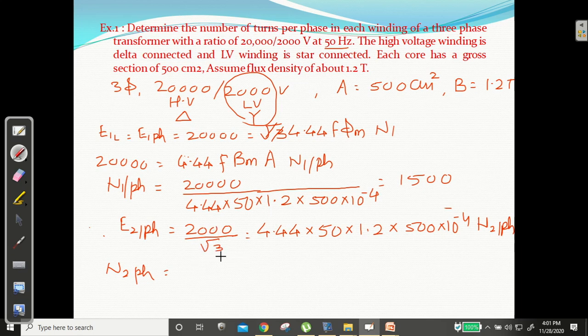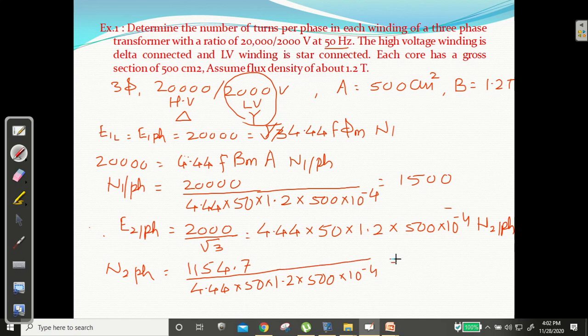Using the calculator, 2000 divided by root 3 is 1154.7, upon 4.44 into 50 into 1.2 into 500 into 10 raised to power minus 4.